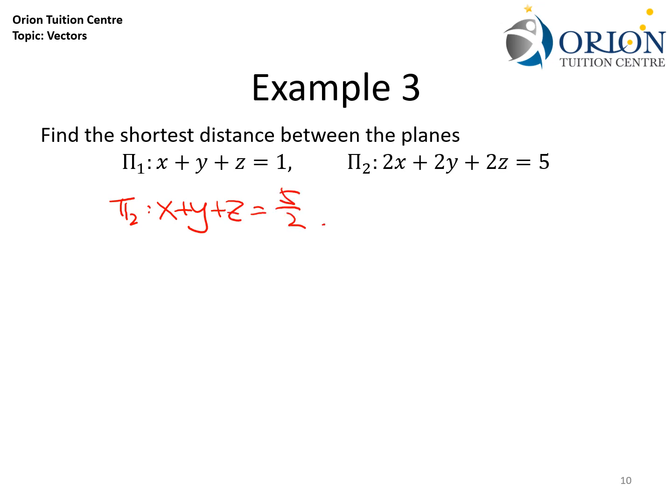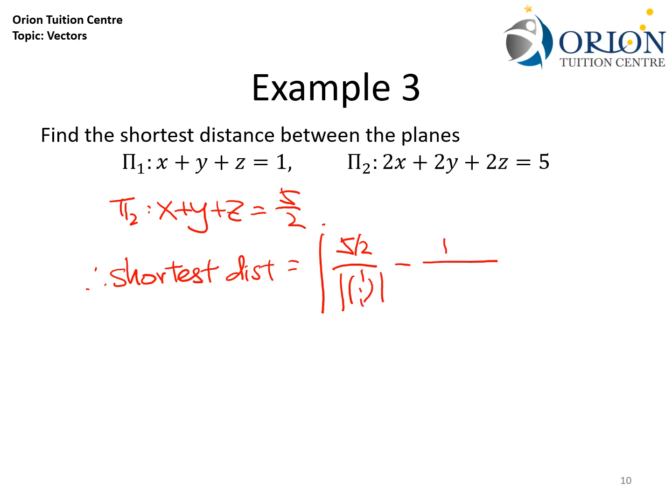And therefore, the shortest distance between the two planes will be mod of 5 over 2 minus 1 divided by mod n, which is mod of (1, 1, 1), over the same modulus (1, 1, 1). And this gives me 3 over 2 over square root 3, which becomes half square root 3 units.